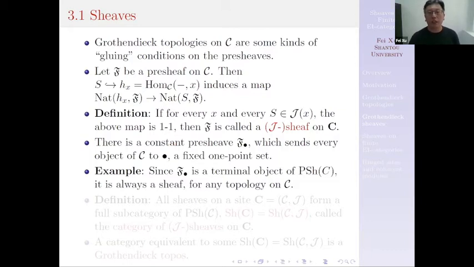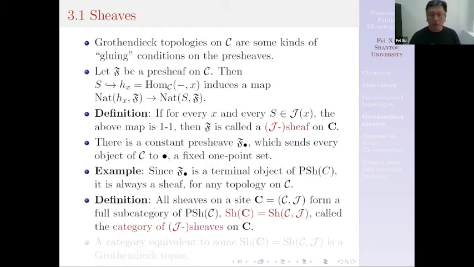So if you look at the definition of sheaf, then you realize both sets of natural transformations consist of only one object. So you have a one-to-one correspondence or isomorphism of these two things. So the sheaf category is not empty.